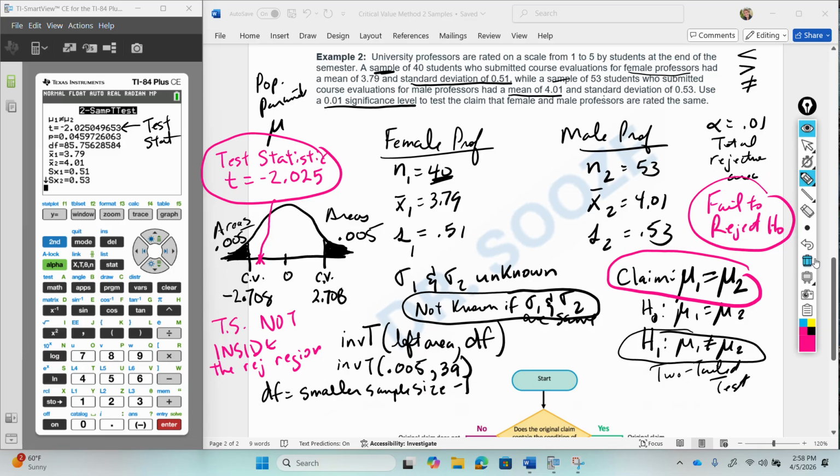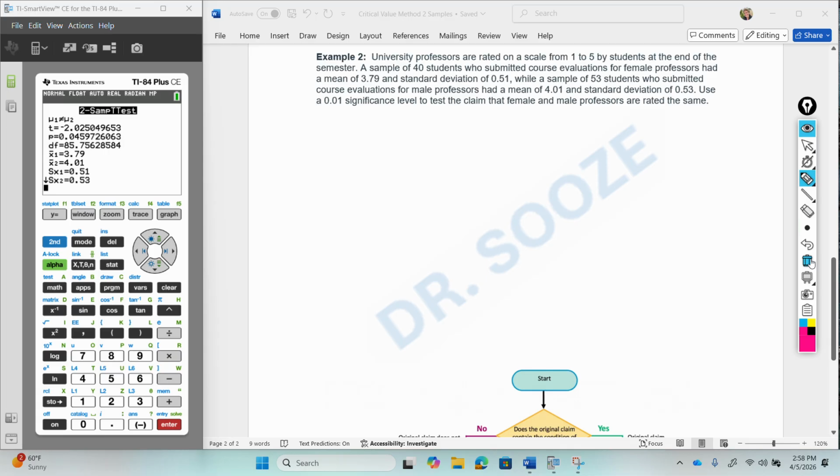So I'm going to get rid of all of this and just put up the original claim, the claim that the female and male professors are rated the same, and then we concluded that we fail to reject the null hypothesis. So we do not reject the null hypothesis.